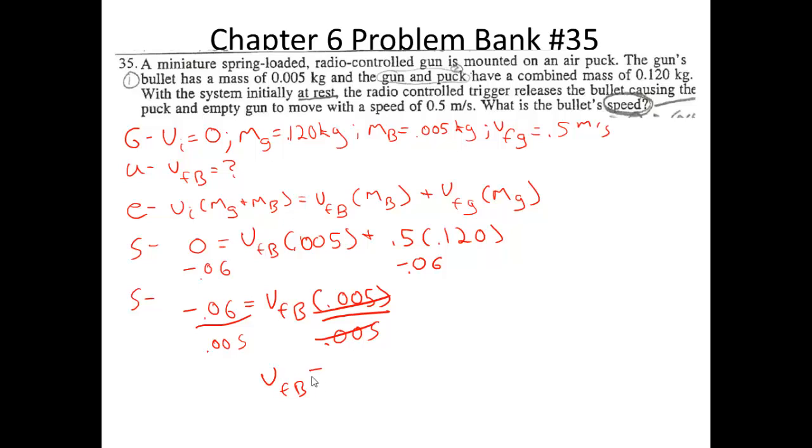The final velocity of the bullet is equal to negative 0.06 divided by 0.005. And our final velocity of the bullet will be negative 12 meters per second.